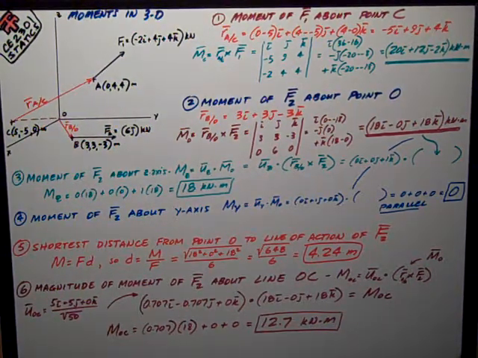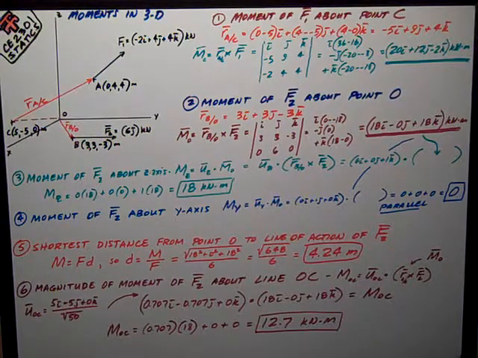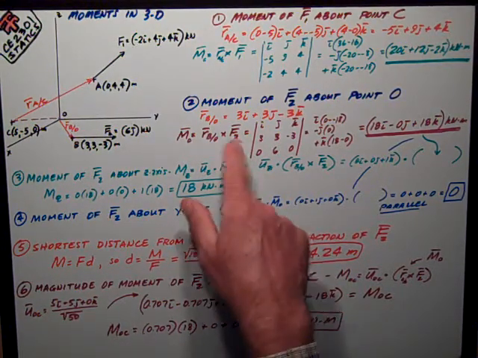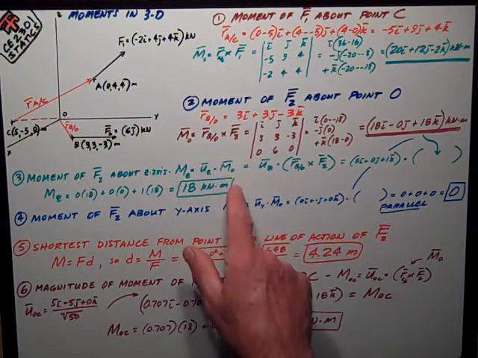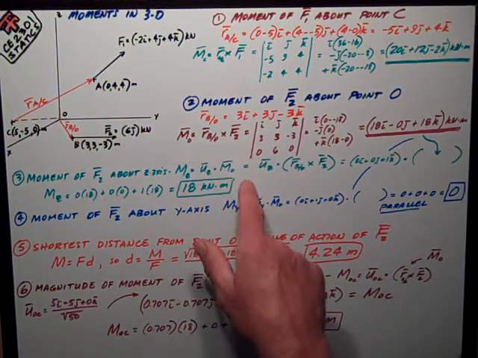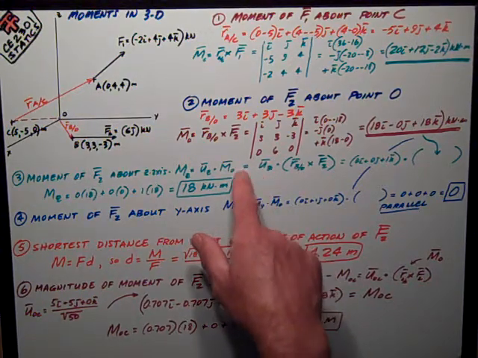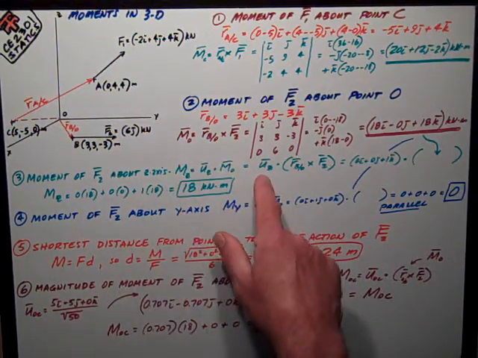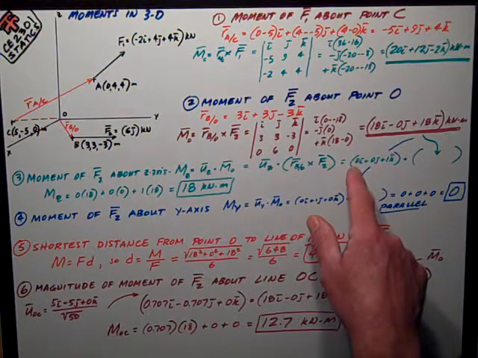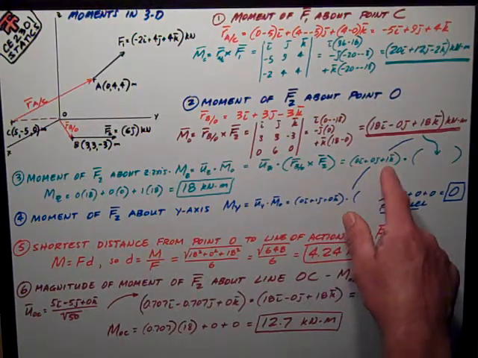I see the moment of a force about an axis is U, the unit vector, dotted with R cross F. I've already got R cross F, that's this up here, M O, the moment about point O. So I just need a unit vector in the direction of the z-axis, which is real easy because that's just 0i, 0j, and 1k.